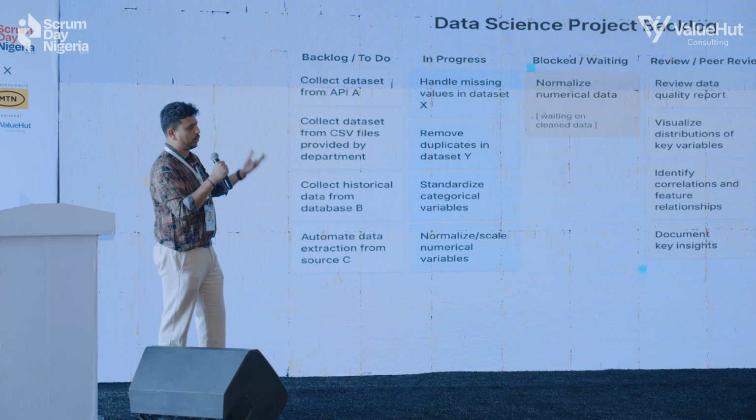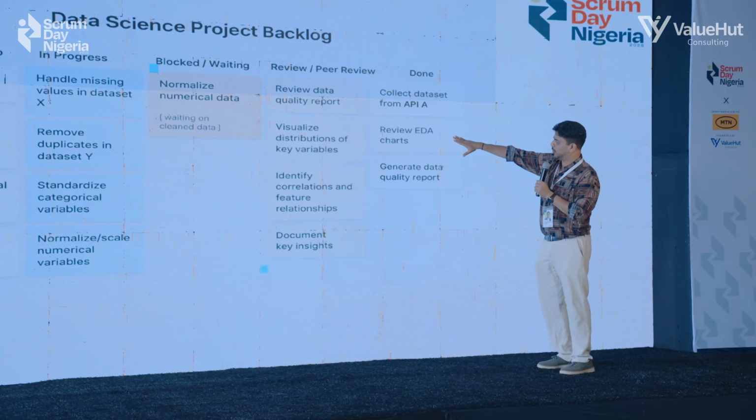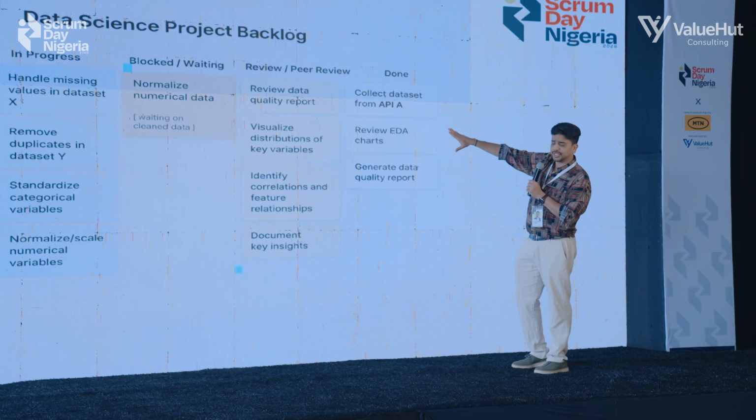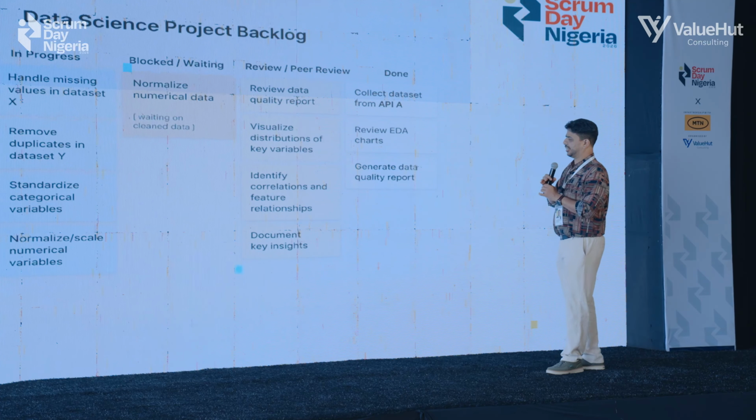From a backlog, you understand where your data set is coming from and what some of the things are that you need to do there. Then the second step, as I already mentioned, is about cleaning the data sets, right? Making sure that your duplicates are removed, the variables are standardized and normalized. Then you do a peer review on the data quality report, identify relationships and modeling things, and then you finally review and generate the reports.